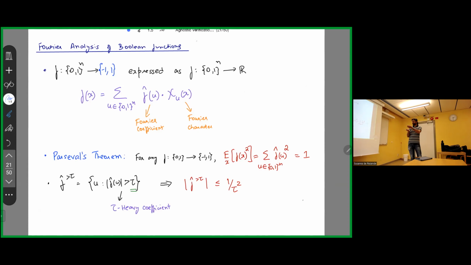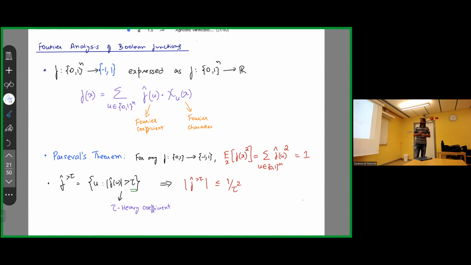One of the first results we learn in this area is Parseval's theorem, which is that for any Boolean-valued function, the squared sum of all the Fourier coefficients is exactly equal to 1.